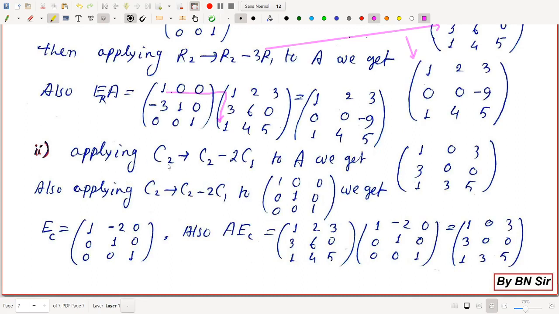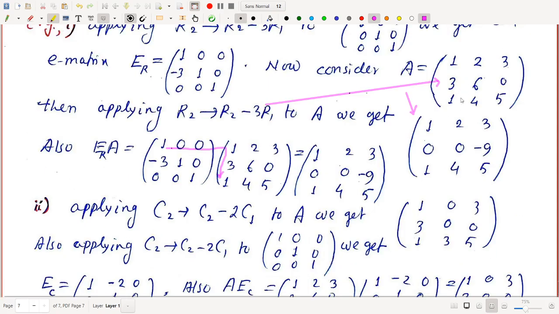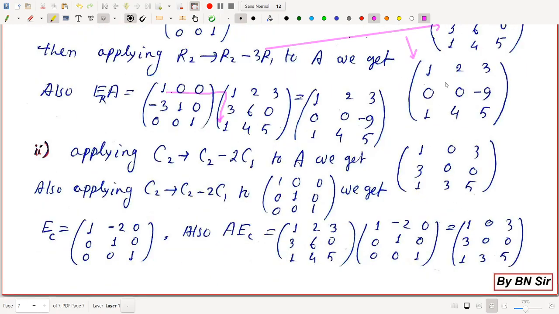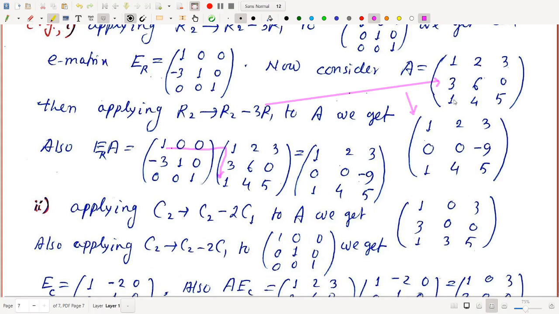Now if we apply a column operation, you have to post-multiply. Let us see the verification. C2 change to C2 minus 2C1, means column 2 changes to column 2 minus 2 times column 1. So to this matrix A, if we apply this, second column minus 2 times first column, we get 2 minus 2, 3, 6, 6 minus 6, 6, 0, 4 minus 2, 2.